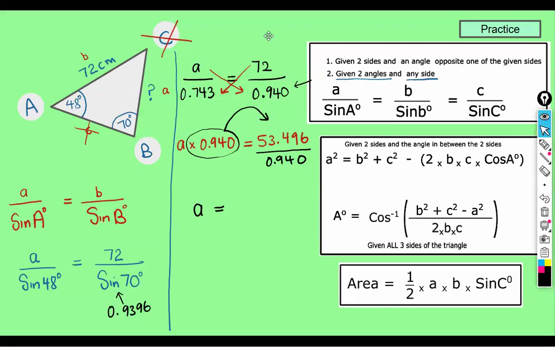I'm going to double check my working. Great. Let's divide it. 53.496 divided by 0.940 is 56.911, right? To 3 decimal places. Or if you go to 2 decimal places, you get 56.91.